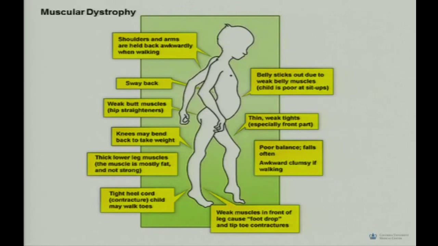Now, long-term complications include the respiratory complications, the cardiac complications, and also muscular dystrophy can result in contractures, and contractures are basically joints that get frozen in a particular position.